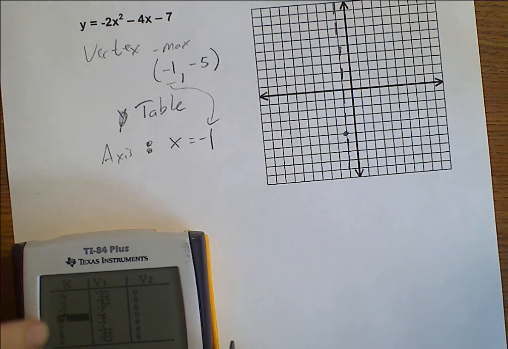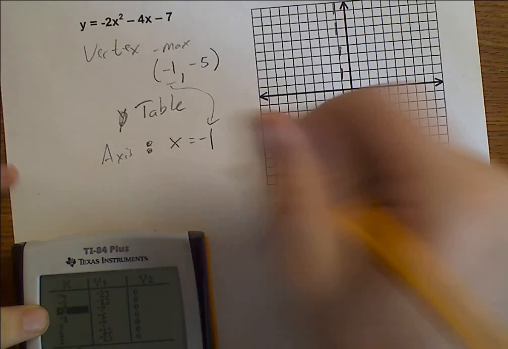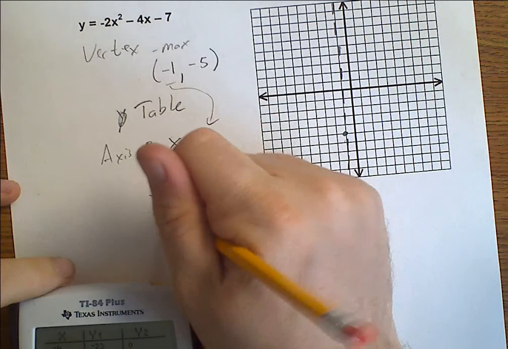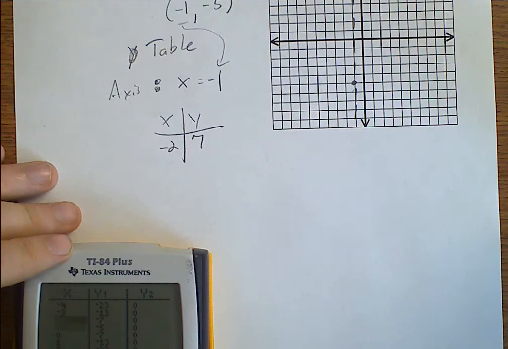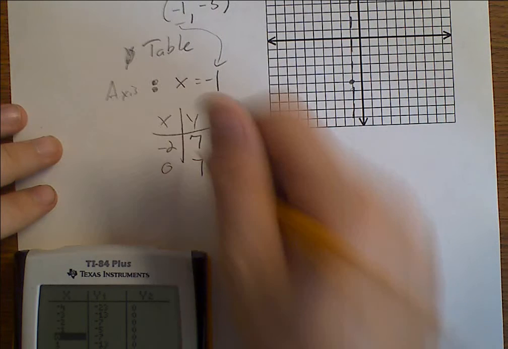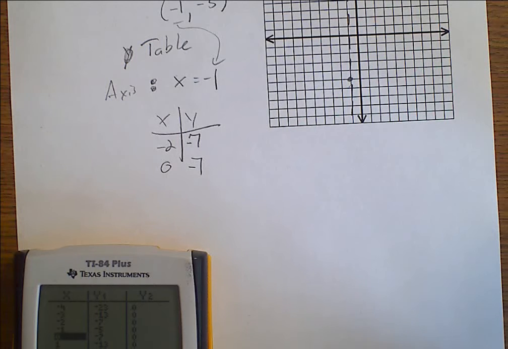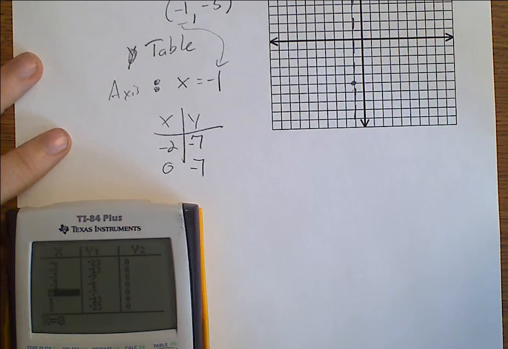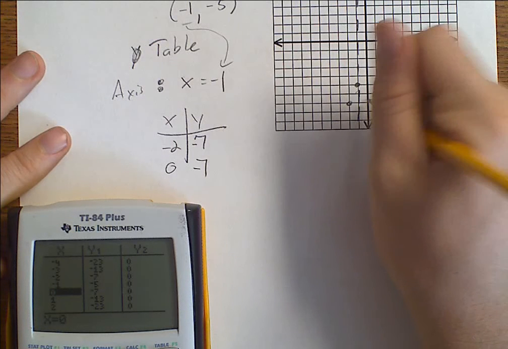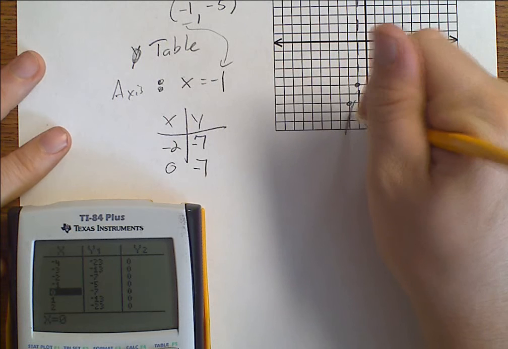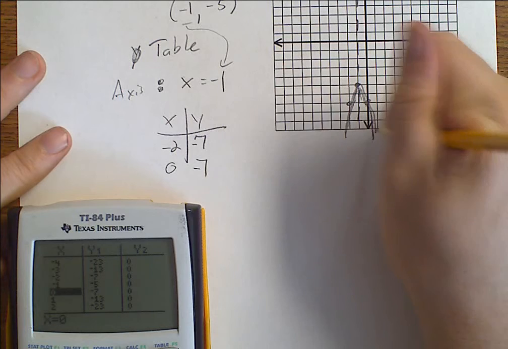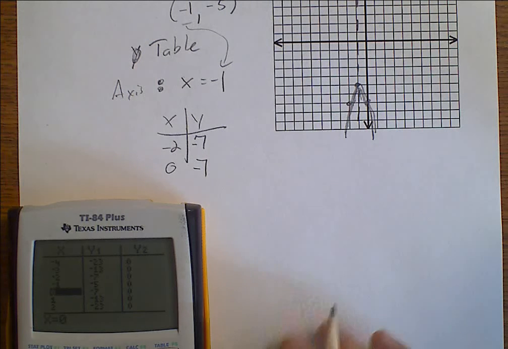And -1, 5, we have -2, 7. We have 0, 7. Those are both negative. And those are the only points that we can graph looking at our table. So, -2, 5, 6, 7. And we have a really steep graph right here.